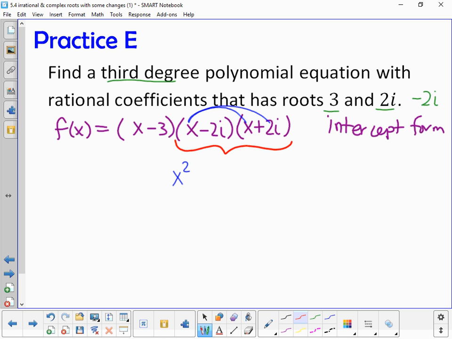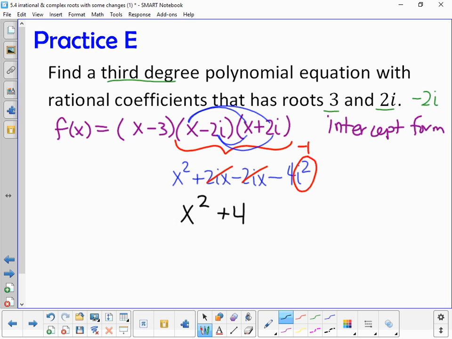x squared plus 2ix minus 2ix, and then minus 4i squared. These two ix terms reduce to 0. One's positive 2 and one's negative 2. And we know that i squared is the same as negative 1. So this becomes an x squared plus 4. And then we need to multiply that by x minus 3 still.